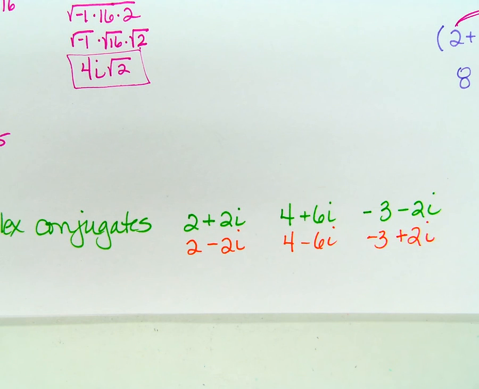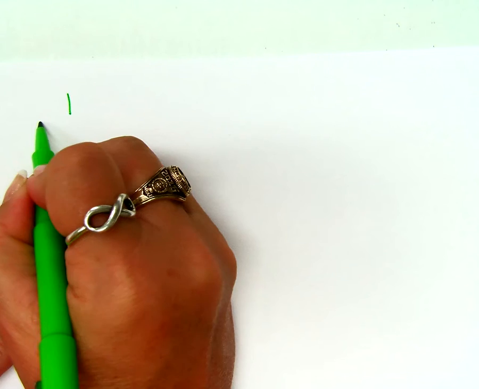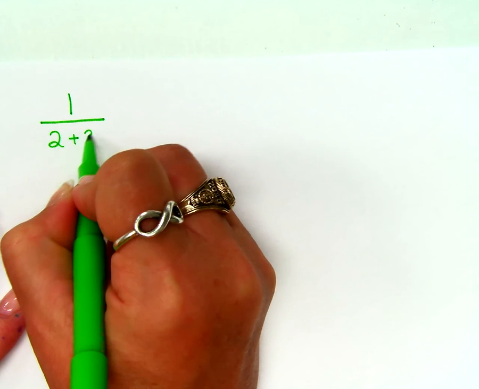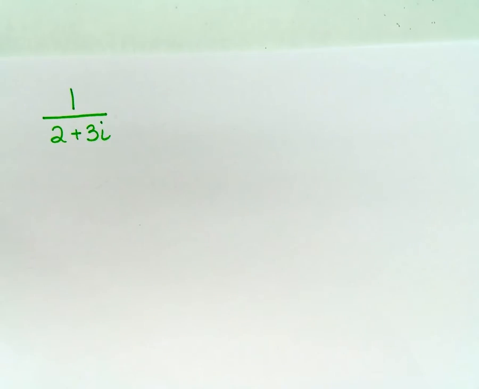Because now we have to do something with this. And here's what we're going to have to do. Are you allowed to have a fraction inside of a fraction? No. Are you allowed to have a radical inside of a fraction? No. Not in the denominator anyways. Are you allowed to have a complex number in the denominator of a fraction?